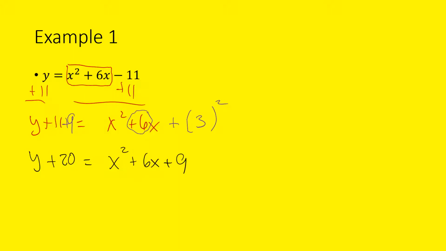Now with completing the square, if I have x squared plus bx plus the quantity b over 2 squared, then that is always going to equal x plus b over 2, that quantity squared.